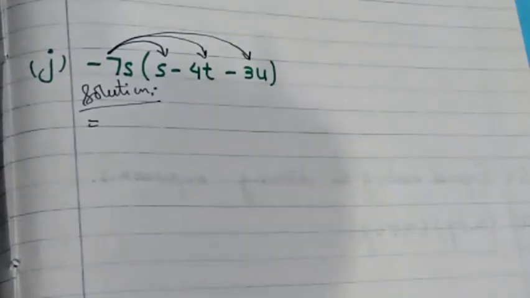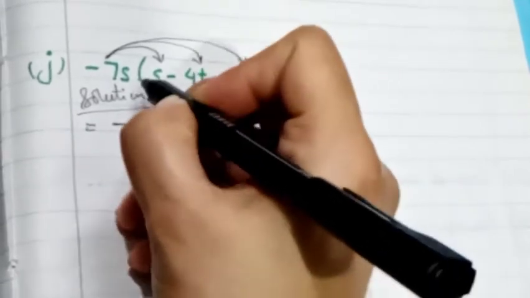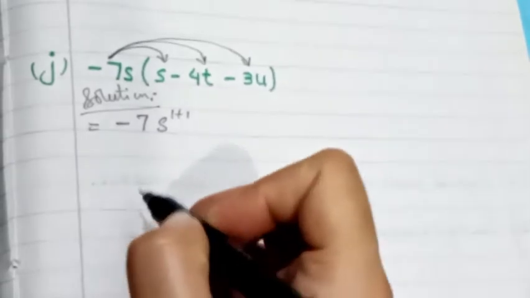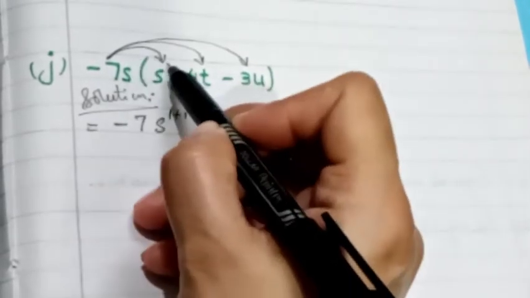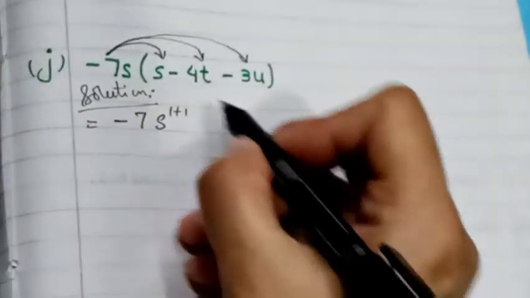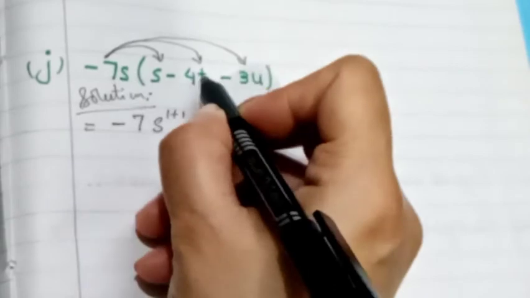Starting solution. When we multiply minus 7s with s, minus plus minus, and s into s means 1 plus 1. When we multiply with second term, we have to write minus minus plus, and 7 fours are 28.